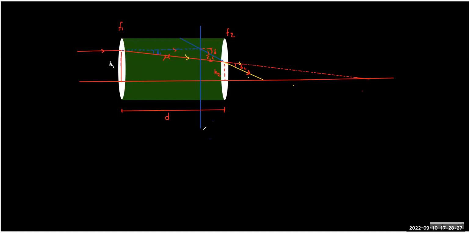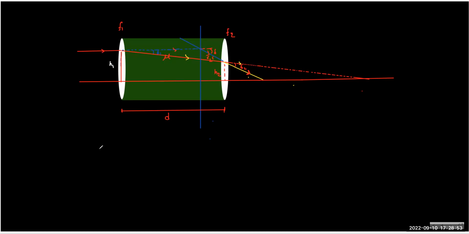If there is medium on one side and no medium on the other side, how will the formula look? Anyway, let me solve this question.